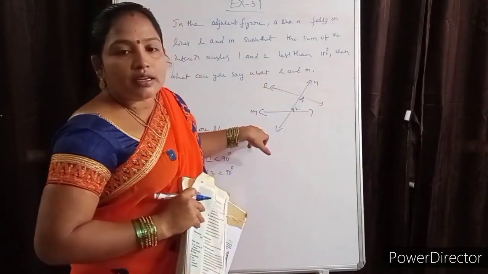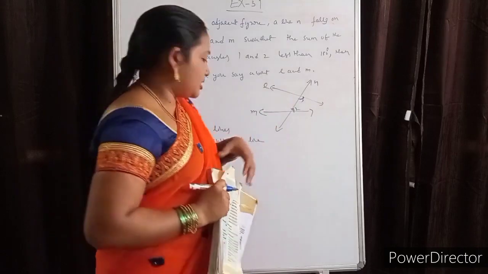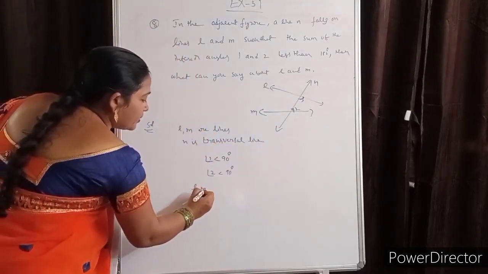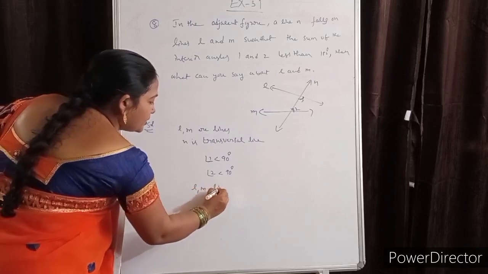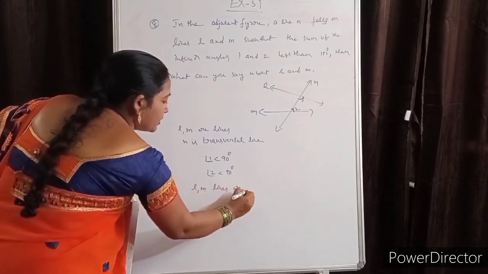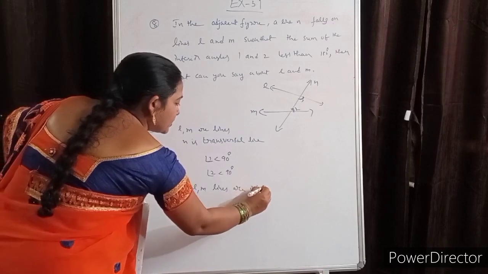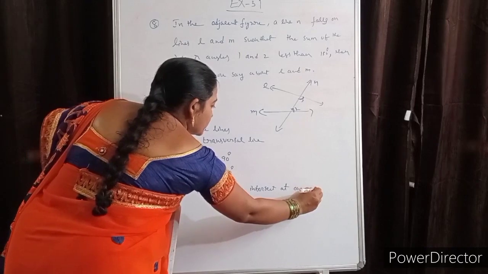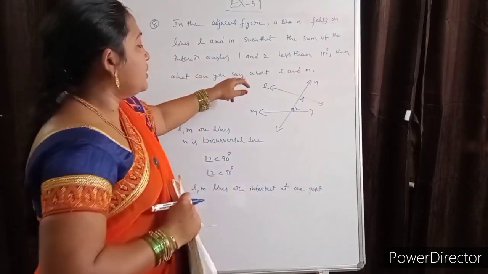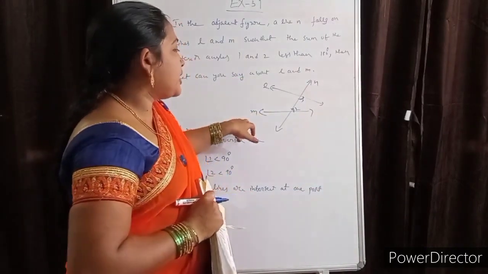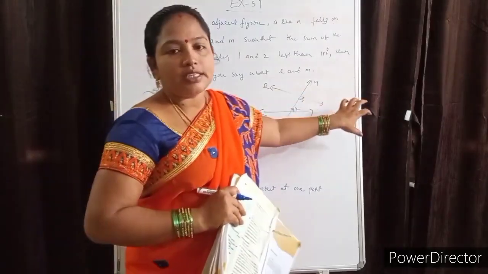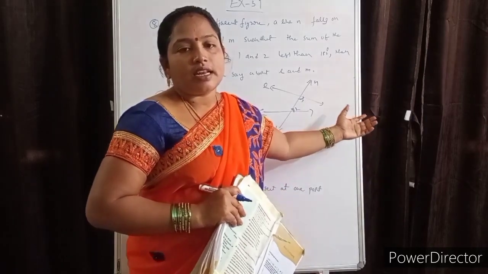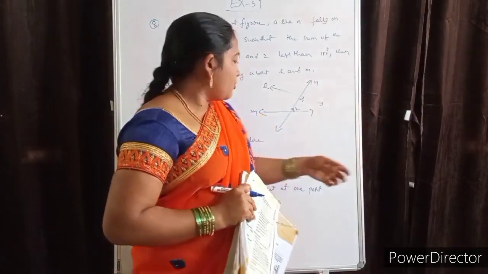So L and M are intersecting lines. If lines L and M are produced on one side, they intersect at one point.